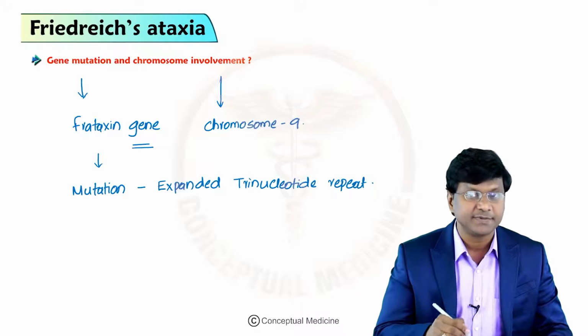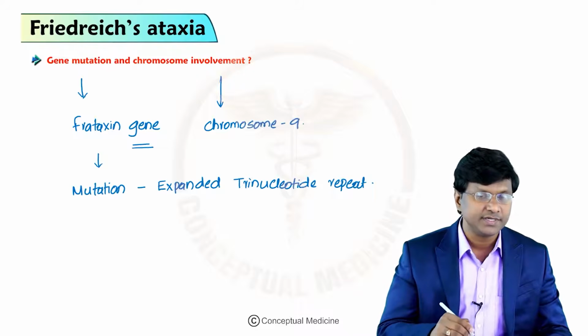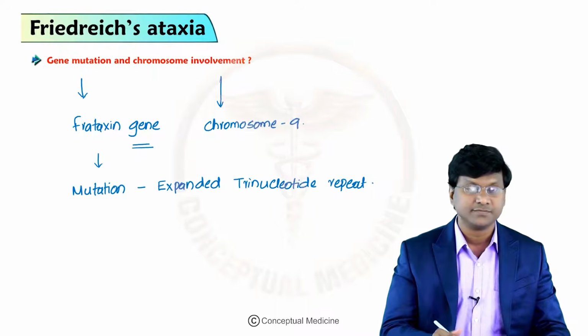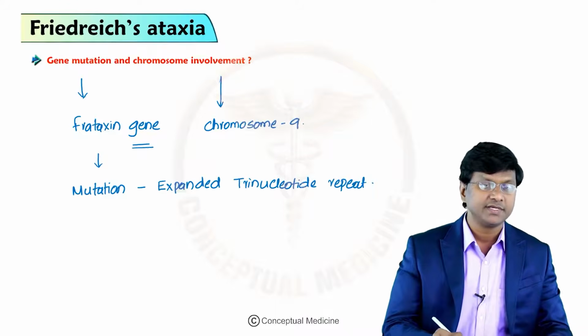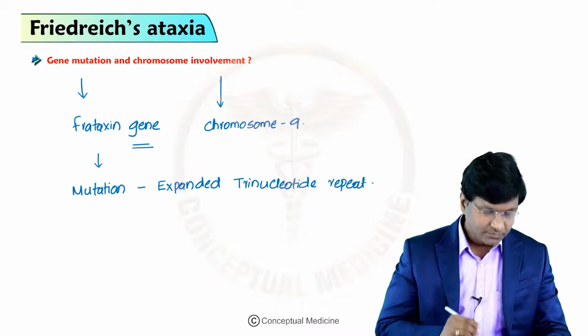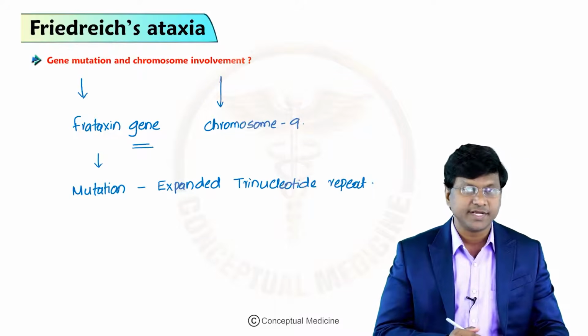And this expanded trinucleotide repeat is in intron 1 of both alleles of the Frataxin gene, right? Within the Frataxin gene, you have intron 1. Now, what is that particular trinucleotide repeat?